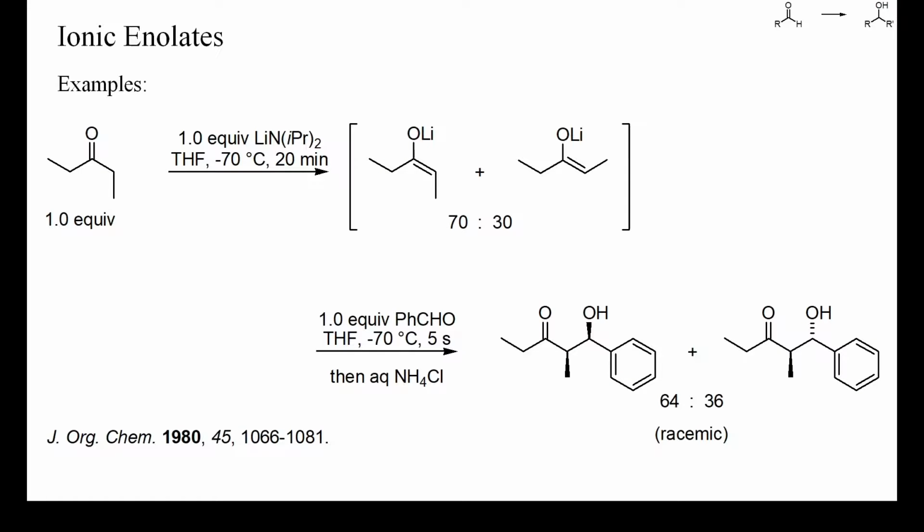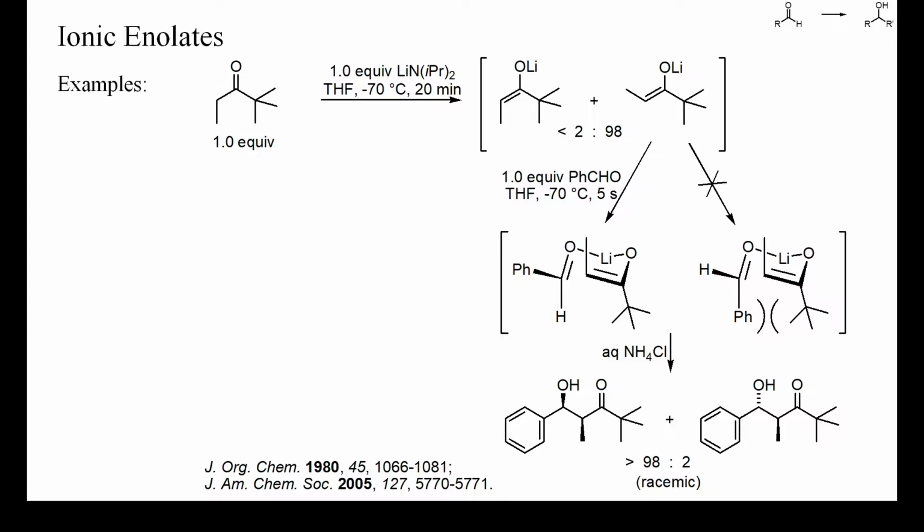Unlike titanium and some silicon enolates, alkali enolates cannot usually be formed with high stereoselectivity from most ketones. In this example, a 7-to-3 mixture of E and Z enolate was formed, despite the low temperature. Accordingly, a mixture of diastereomers was obtained upon reaction with benzaldehyde. With this sterically more demanding ketone, however, both enolate formation and aldol addition proceeded with high diastereoselectivity.